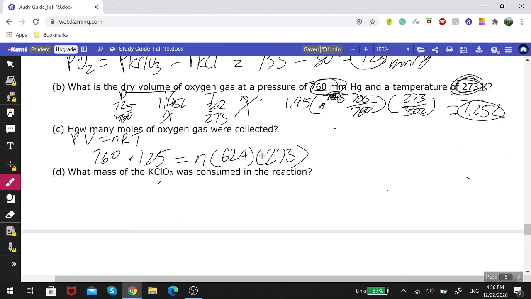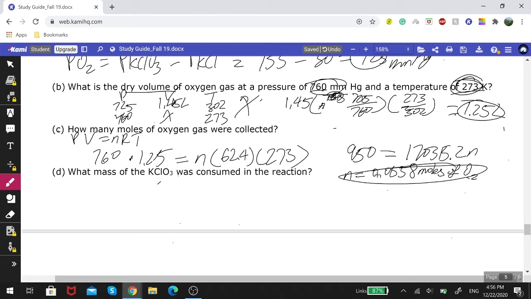So 760 times 1.25 gives us 950, equal to 62.4 times 273, which is 17035.2 n. Now 950 divided by that number gives us n equal to 0.0558 moles of oxygen.